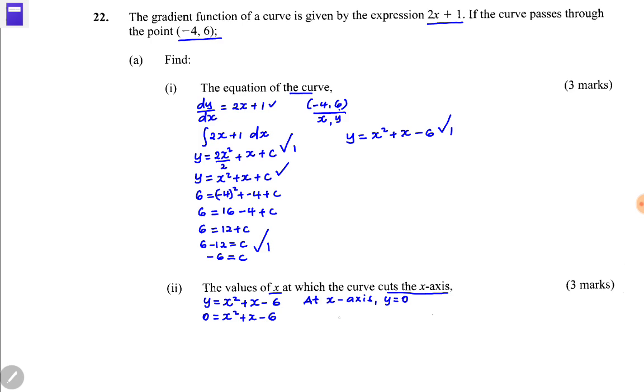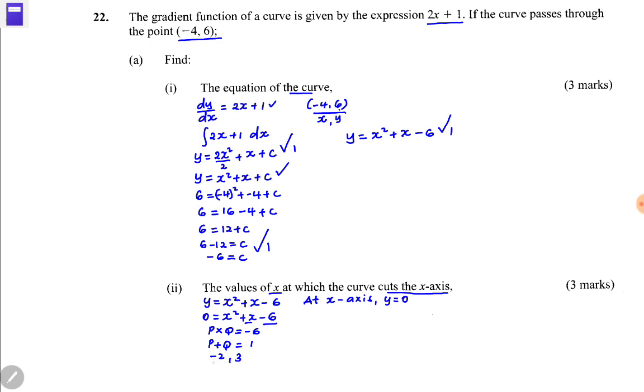This is a quadratic equation, so we need to look for two numbers, p and q, such that if we multiply p by q, we will get -6, and if we add p to q, we will get 1. Now the two values are -2 and 3.